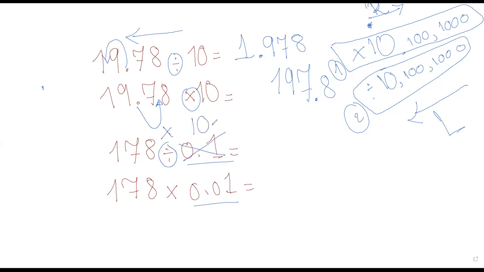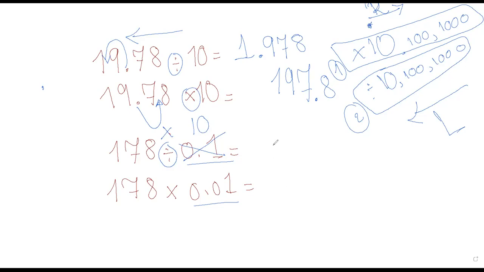Now put your hand on the division because we are not looking at the divide, we are looking at the multiply. Multiplying by 10, so to which side will we move the point? To the right side. Multiplied by 10 to the right side. But there is no point here, we have 178 times 10. How do we multiply them?